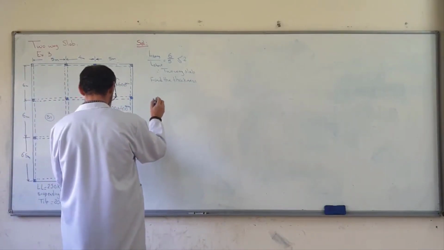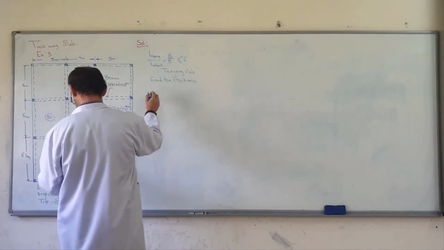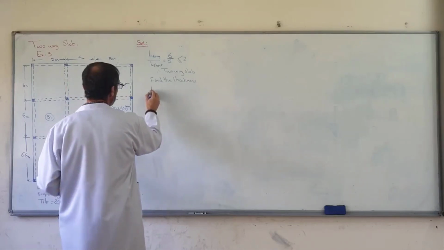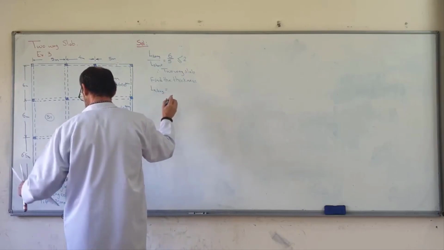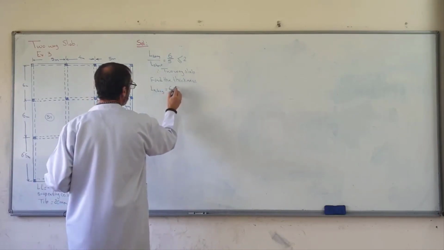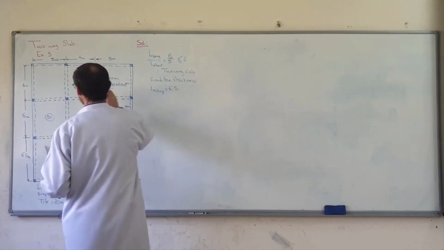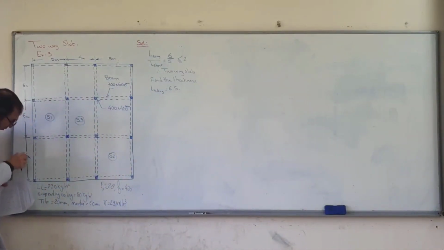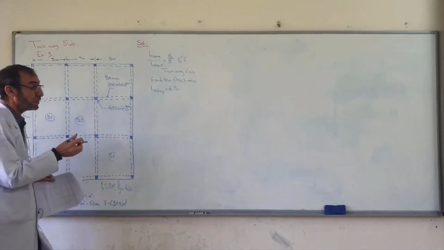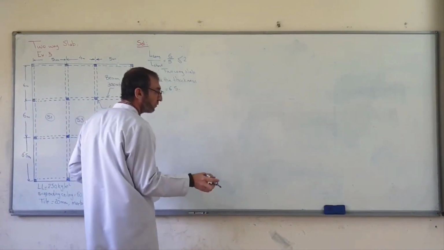ln long is equal to what? Long, it's 6.5 center to center, minus the width of the beam, 0.3 over 2 on each side.